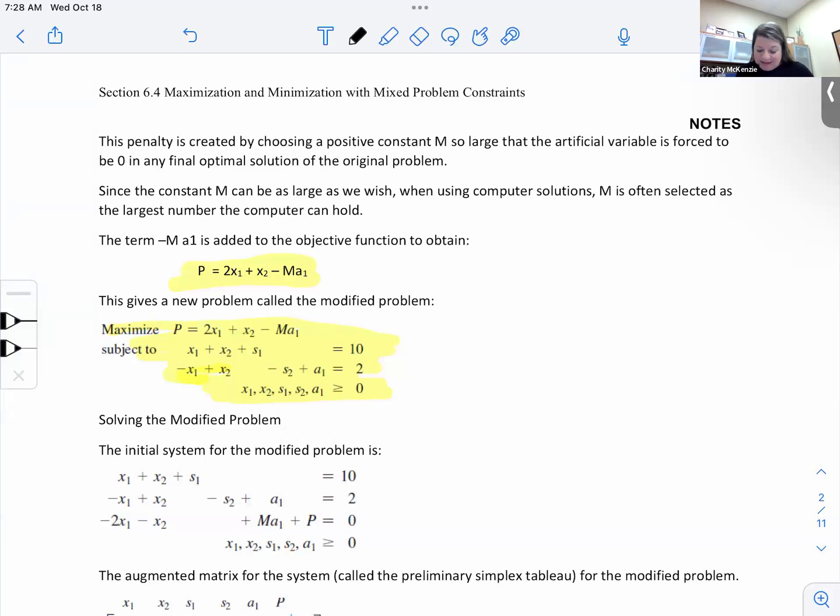So there you go. You'll notice it has the M here. This one's traditional. We just add a slack variable, picking up that slack on that less than, but this one was greater than, so it has a negative slack because it's greater instead of less, and then it has the artificial variable. Everything has to be greater than or equal to 0.